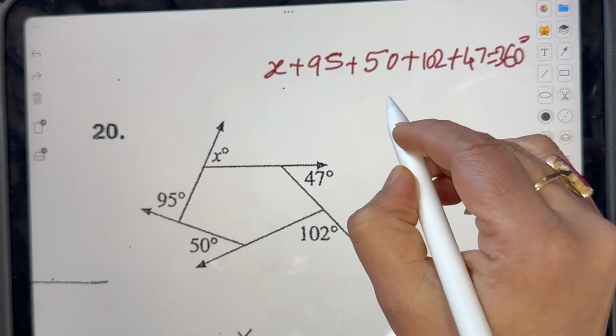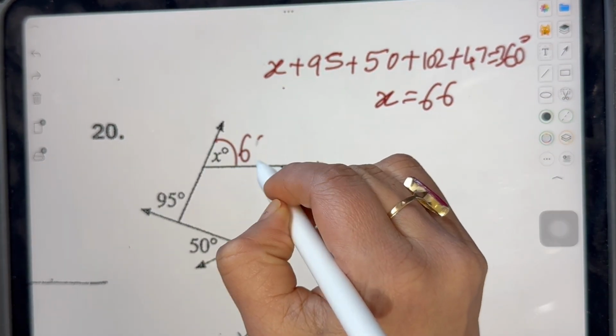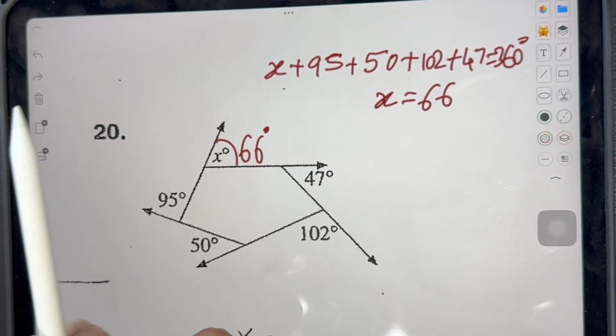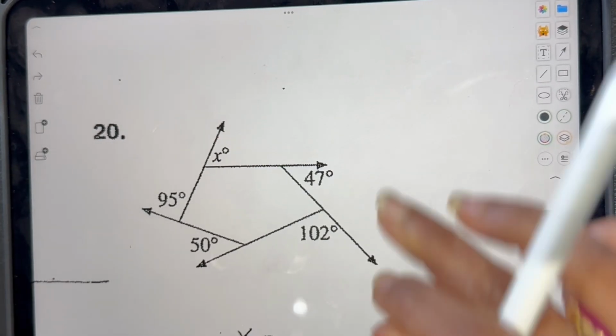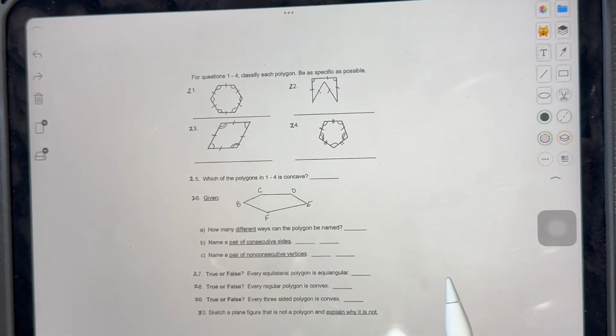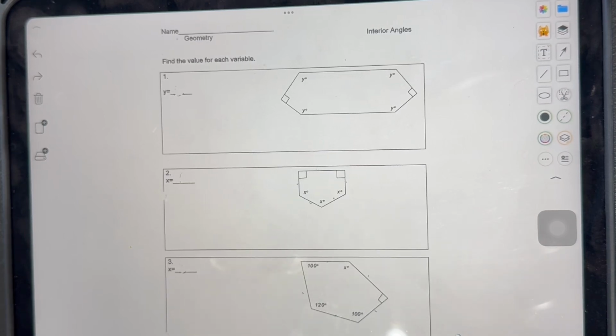And I got x as 66. So this angle is 66 degrees. You can pause the video and double check and take some time to get the whole concept. I will do a few more questions on this. One last question I want to do.